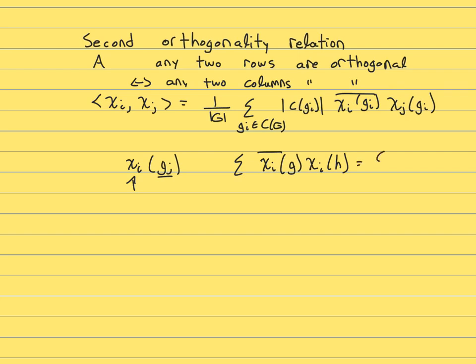You're either going to get 0 when g and h are not conjugate, or otherwise it turns out you're going to get the size of G divided by the size of the conjugacy class of g. This thing is also known as the size of the centralizer, as we've seen before.